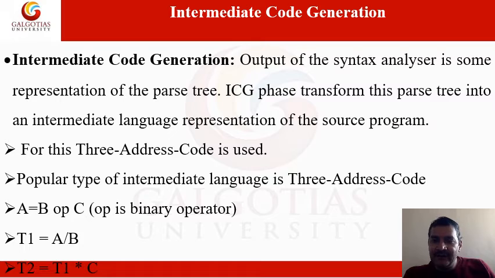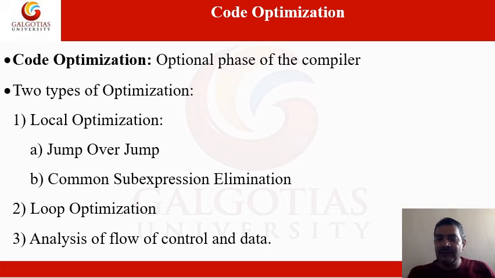A divided by B: first of all we will calculate A divided by B and assign that to T1, and after that, whatever the value in T1, we will multiply that with C and assign that calculation to the next temporary variable, T2. This is all about intermediate code generation. Just remember, 3 address code is a popular language which you will use for intermediate code generation.